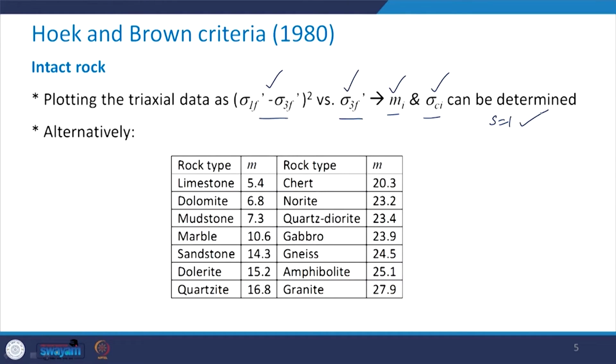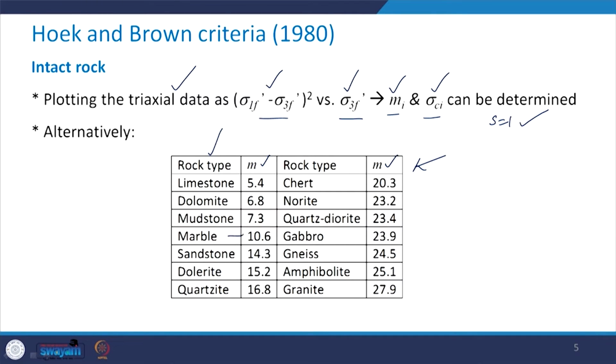Now, if it is not possible to get this Mi from the triaxial test data, then we can find it from this table, depending upon the various rock types. Here the value of M has been given. We have discussed this table earlier as well.